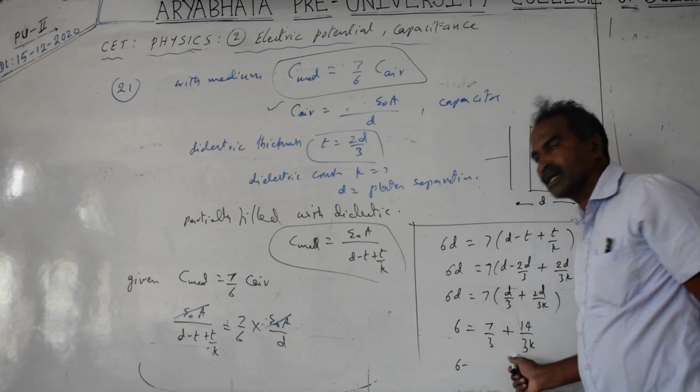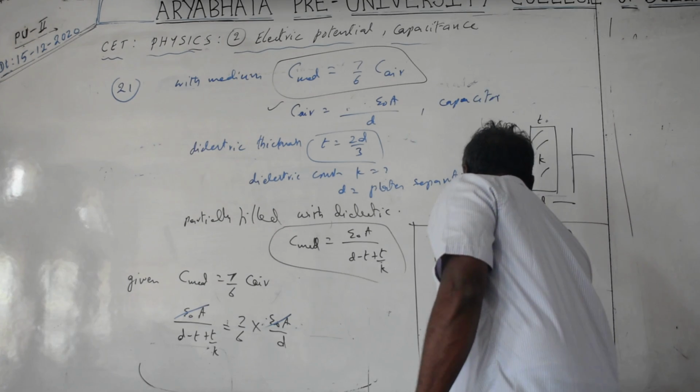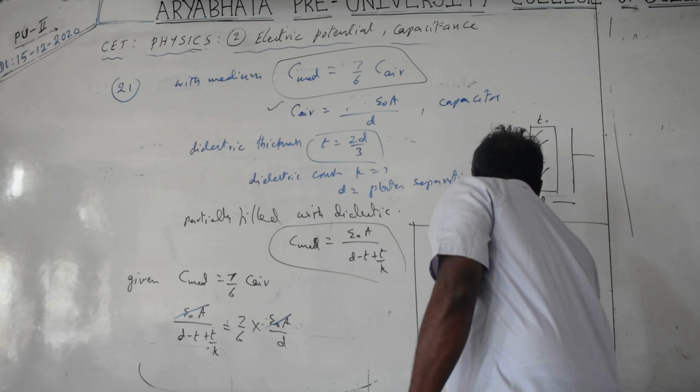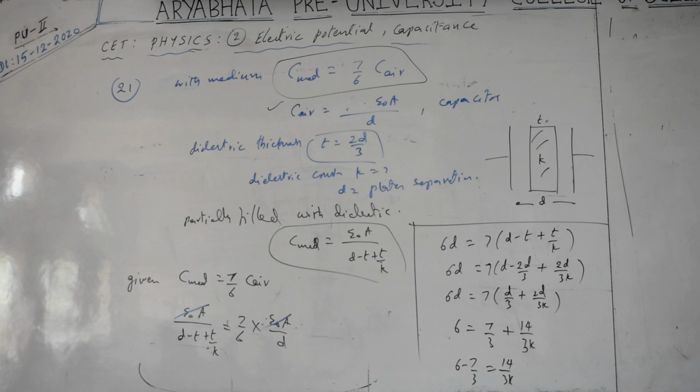You can take 3 common and cross multiply, that is left to your choice, but I am not doing that. The left side becomes 18 minus 7 by 3, equal to 14 by 3K.